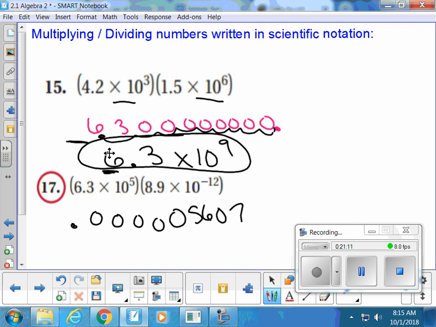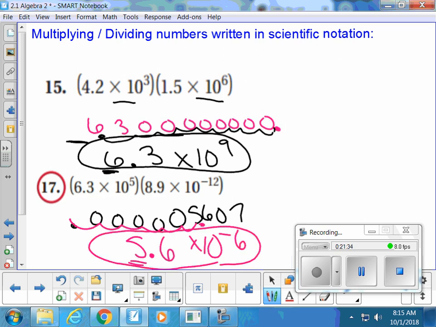So, do you know where a decimal point would need to go for scientific notation? Between the 5 and 6, because we want one digit to the left of the decimal point. One digit that isn't a 0, that is, to the left of the decimal. So I'm going to count how many movements I need. 1, 2, 3, 4, 5, 6. That's going to be 5.607 times 10 to the negative 6 because I moved to the right.